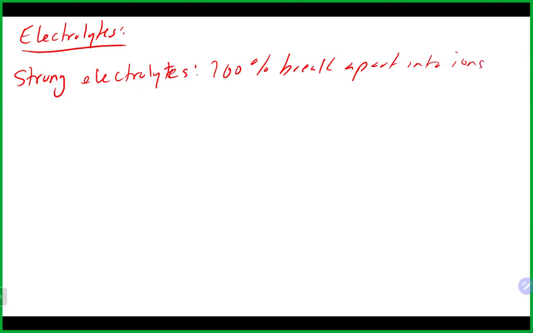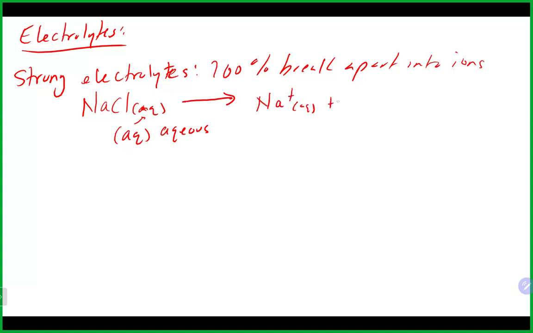So for example, if you had a solution of sodium chloride, and this is the aqueous symbol, which typically is a water environment, basically a solution. In that solution of salt water, you will have 100% sodium ions floating around and 100% chloride ions floating around.